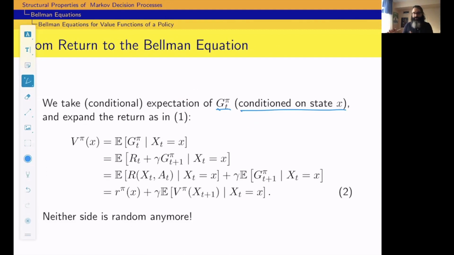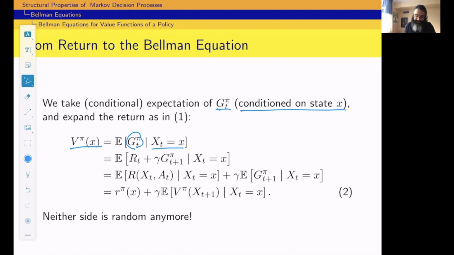It's a conditional expectation, and then we expand the return as we had at the top of the previous slide. This is essentially the definition of the value function at time t. So V pi at x is the conditional expectation of the return at time t when we start at state x.